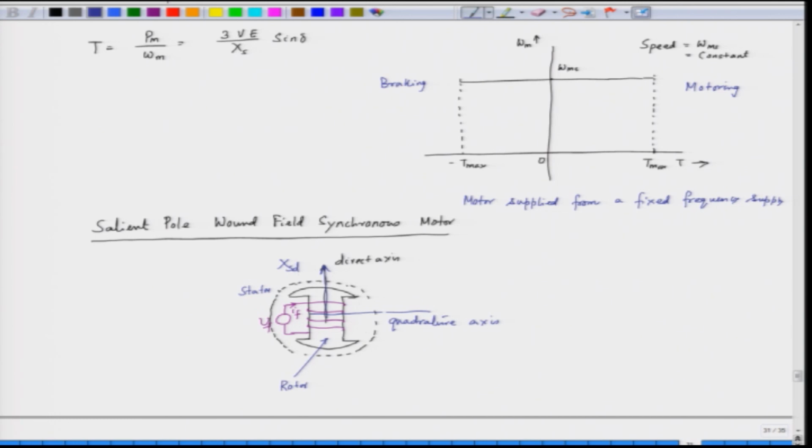The reactance along the quadrature axis or Q axis is called XSQ. So, unlike a cylindrical machine where we have only one synchronous reactance, XS, we have two synchronous reactances in a salient pole synchronous machine because of the non-uniform air gap.